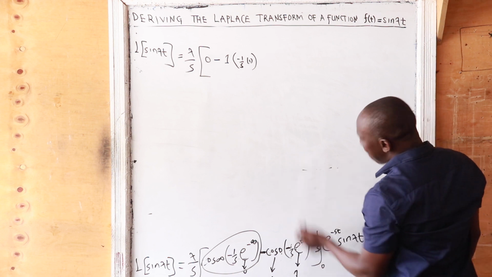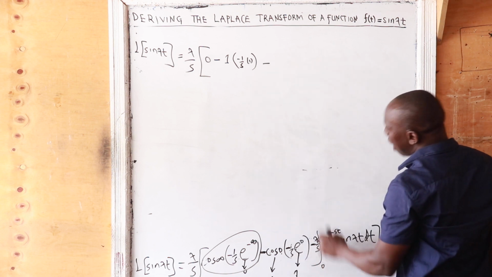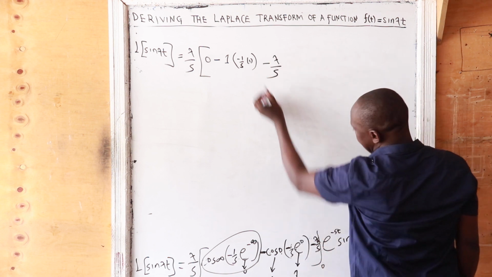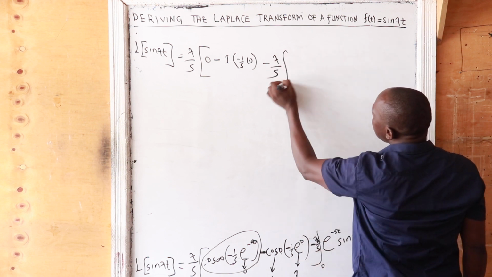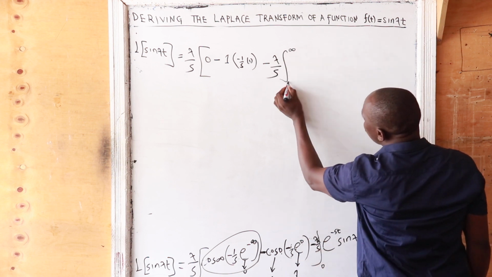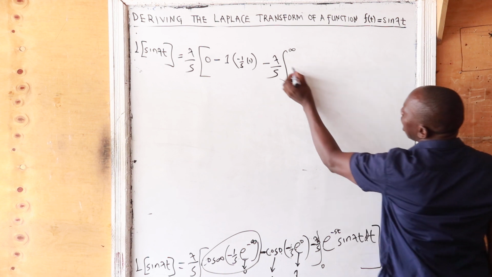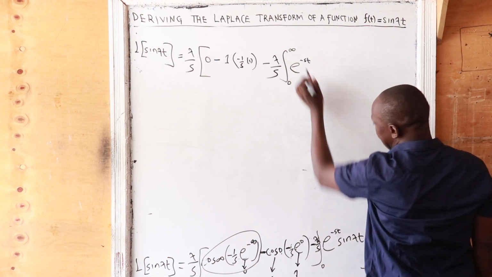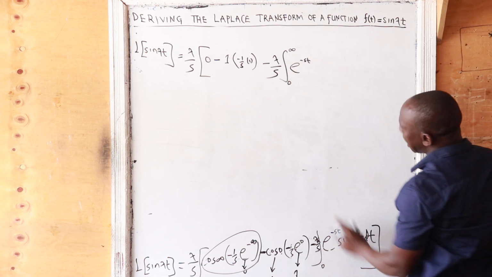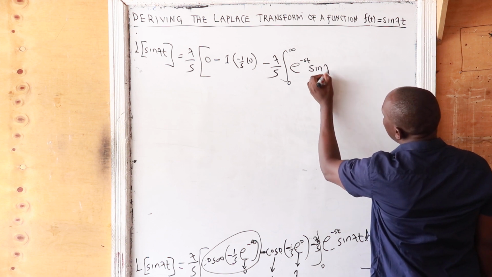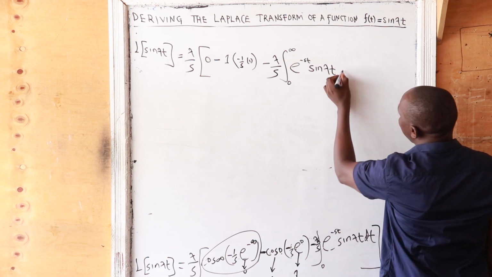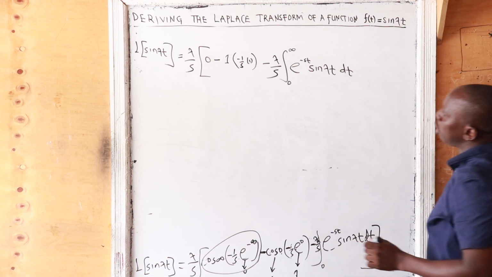Now, minus here, lambda over s, integral from infinity to 0, exponential minus st, sine lambda t with respect to t. That is what we have.